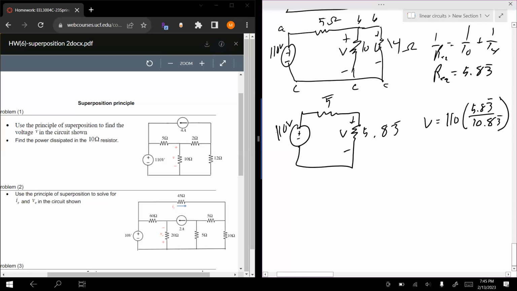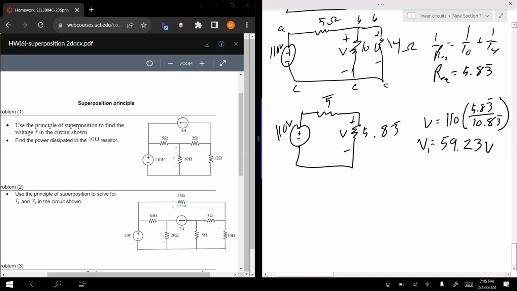Now, if we punch that into the calculator, 110 times fraction 5.83, I'm going to put a bunch of 3's down, 10.83. I get V is equal to, well, not 60, but 59.23 volts is what I'm getting. Okay. So this is our voltage 1.